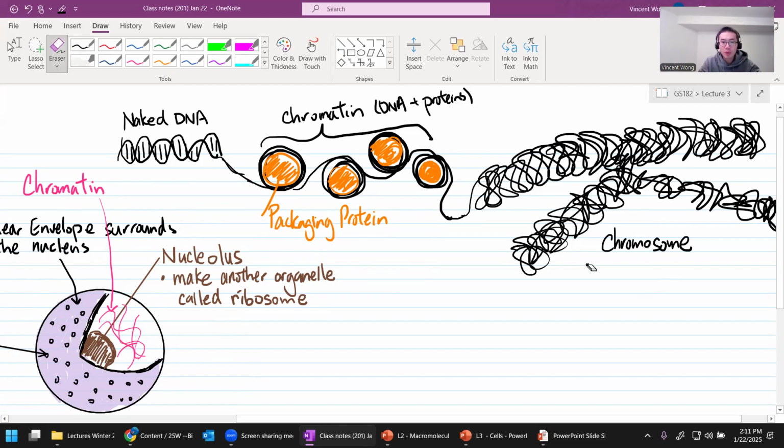So a chromosome is basically the same as chromatin, but more compact, more condensed. In the nucleus, you have the chromatin. It's only when you need to copy the DNA and do cell division that you change it into chromosomes.